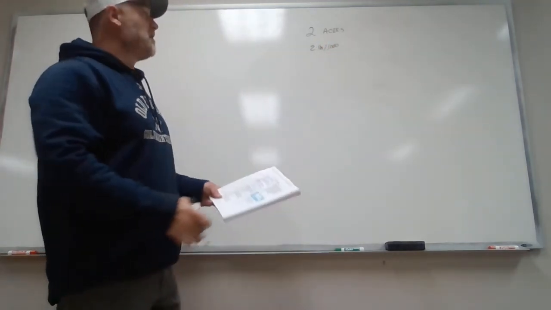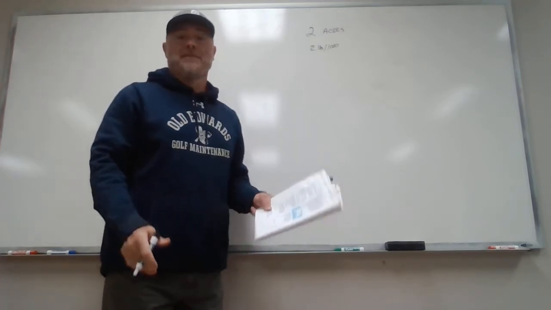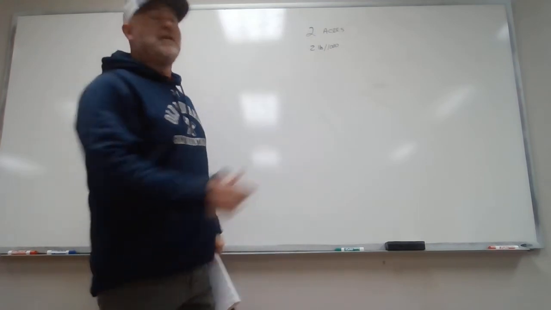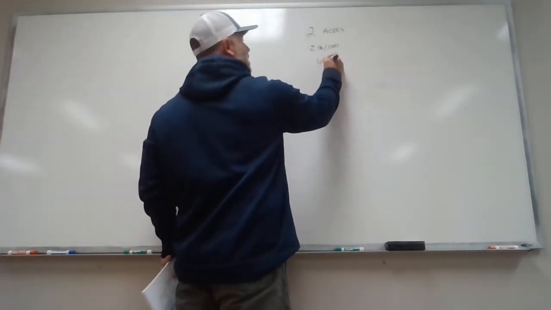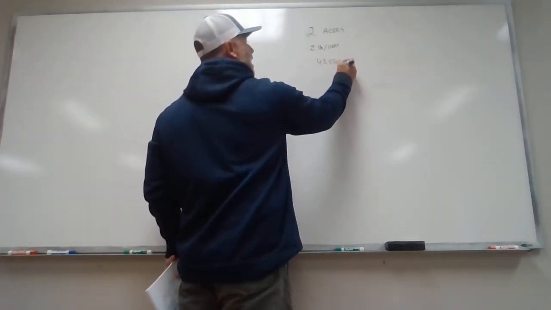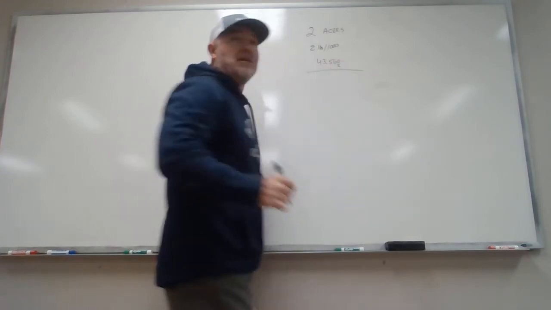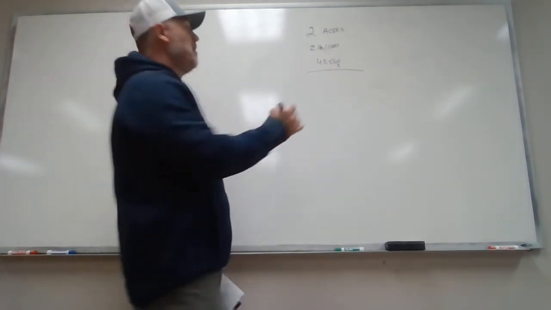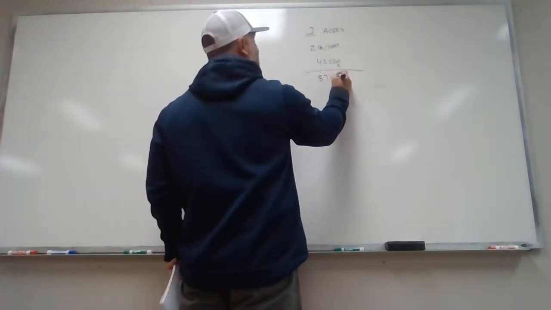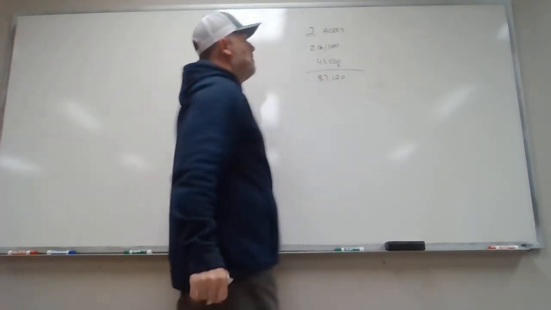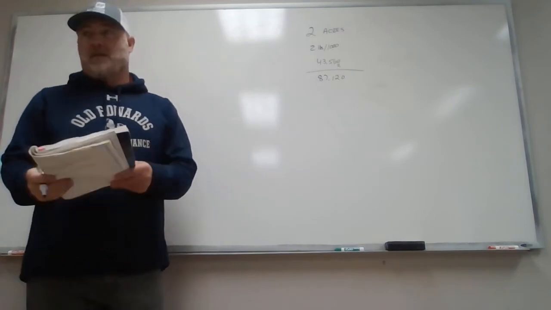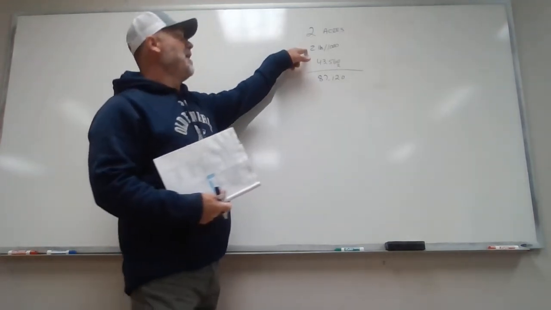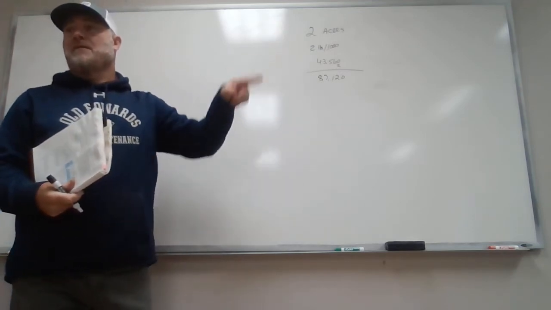So our first thing that we need to do is what? The 2 acres. 43,560 times 2 is 87,120. The label rate calls for 2 pounds per 1,000.